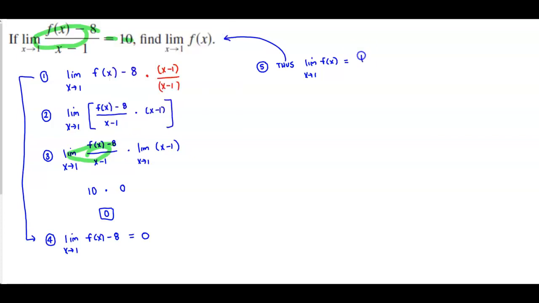Well, we can rewrite this by writing, okay, the limit as x is approaching 1. We can add an 8 and subtract an 8 to this function, which is what we have in step number 4 as part of it. So we can say this is the limit of f of x minus 8, and then, making that 0, we can add an 8.